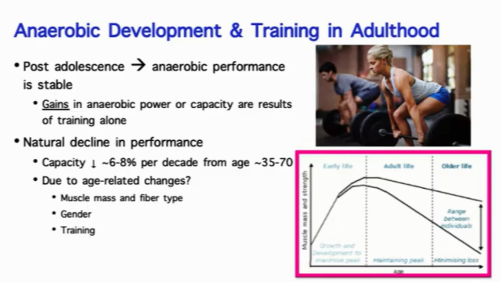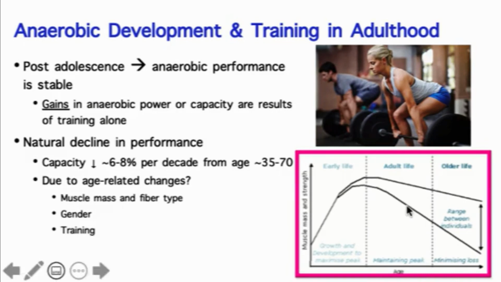So the more type 2 fibers you have, the better anaerobic power and capacity you'll have. But there's a lot of different factors that could be playing a role in anaerobic development in our adolescent period. But once you've hit your peak in adulthood, there's not really much change unless you're consistently training.